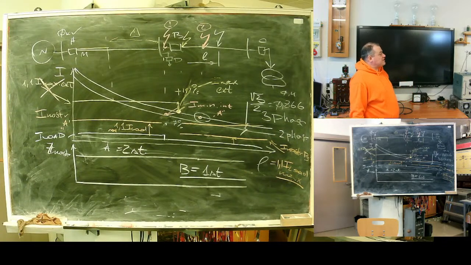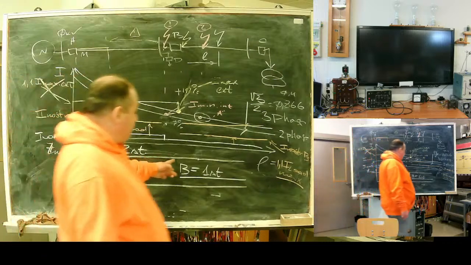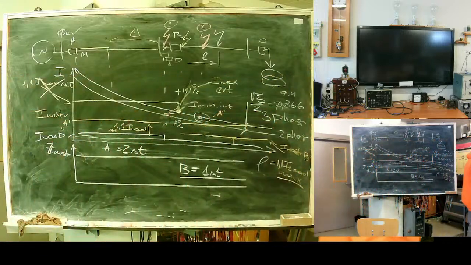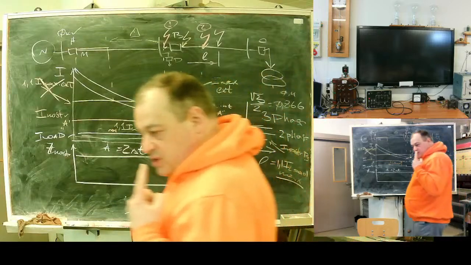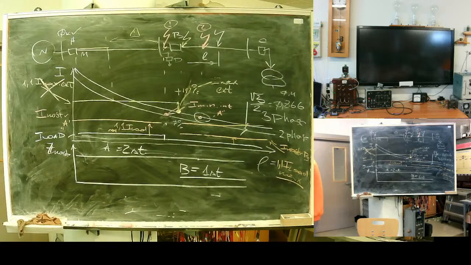Now, what's the spacing between protections? This gap, delta t, delta time, is selected first, starting from the first. Current should disappear, so first start with your circuit breaker.